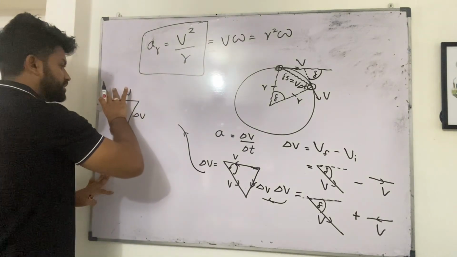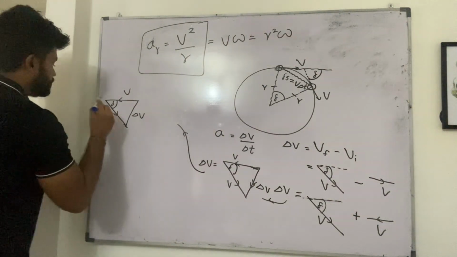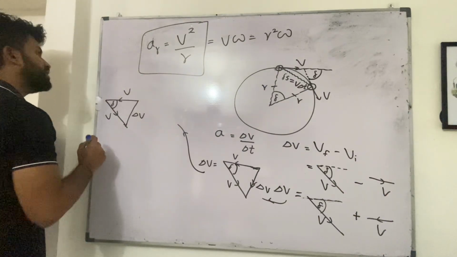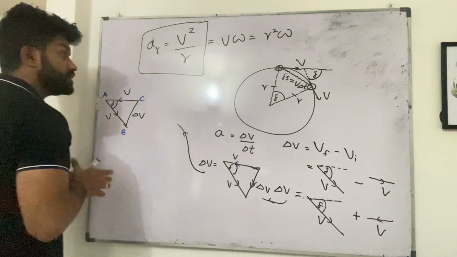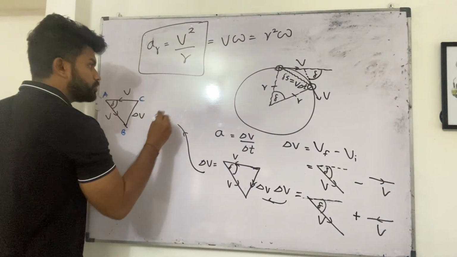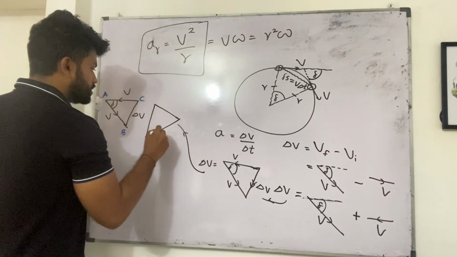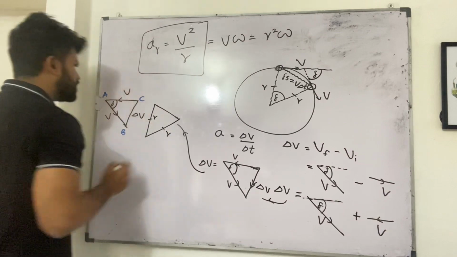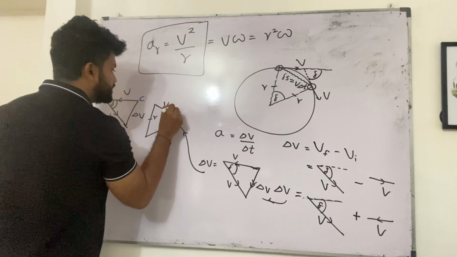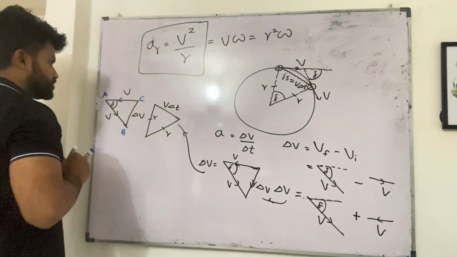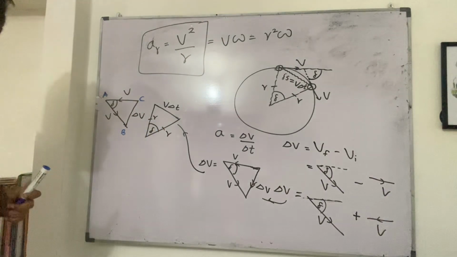Right, my first particular triangle, I'm going to label it as ABC. Then I have another triangle. I'm going to label it as, this is my other triangle, here R, and here R, and this is my V delta T. So this angle is also delta, right?